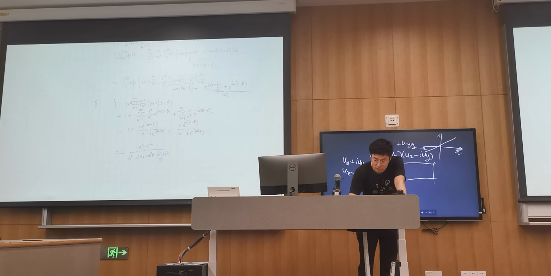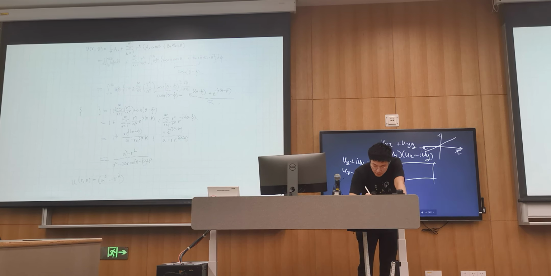Don't forget, this is where my u(r, theta) comes from. So finally, u(r, theta) equals a squared minus r squared, which is a common factor coming out, times the integral from 0 to 2 pi, where h(phi) will still be there, over a squared minus 2ar cosine(theta minus phi) plus r squared, d phi over 2 pi.